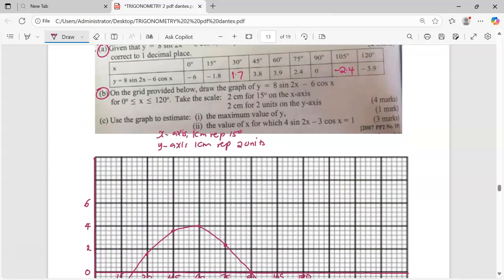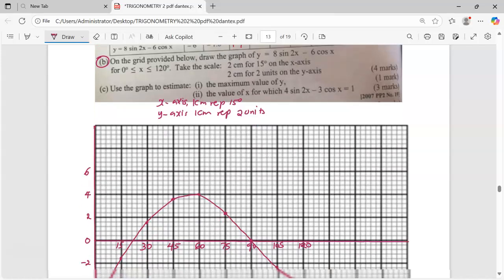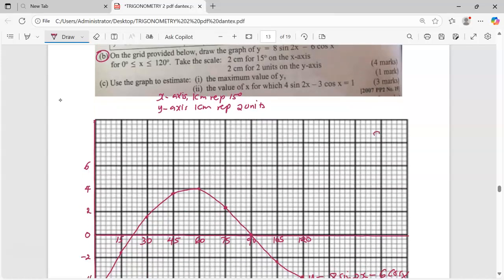Remember, drawing of this curve is given 4 marks, and out of the 4 marks we have the scale, the axis, the plotting, and of course the curve itself.